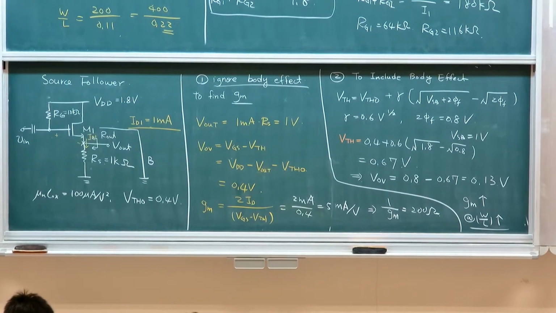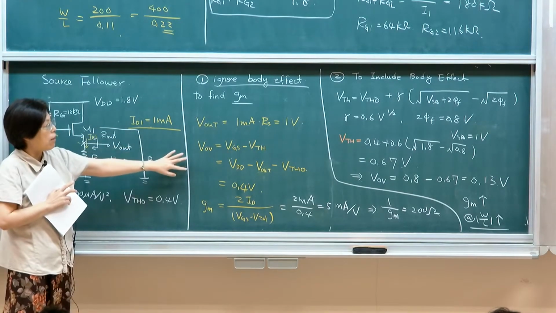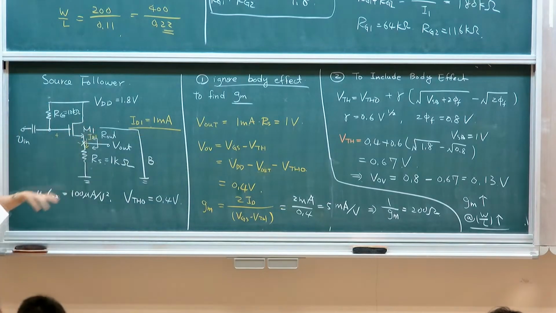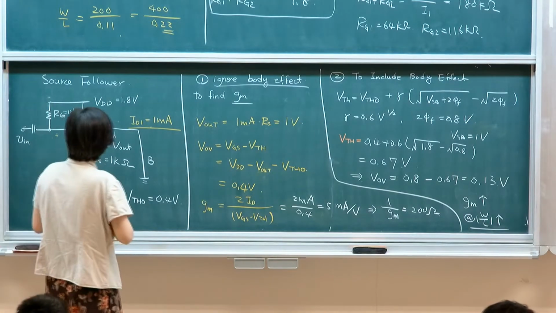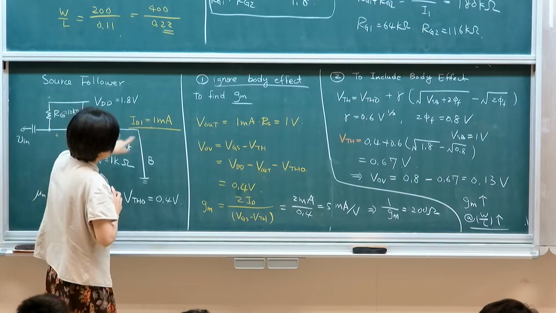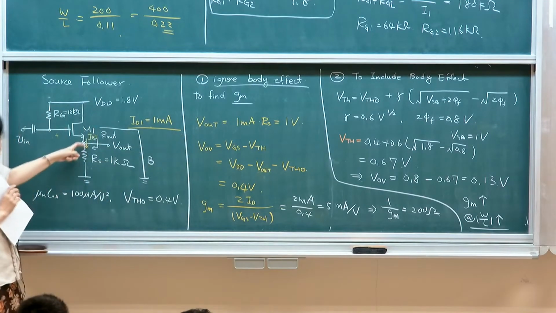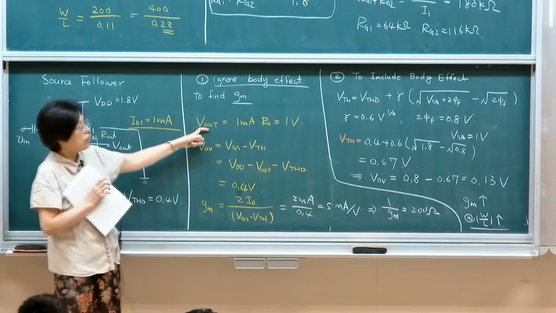Okay? Good. So you can do the exercise to find out, for these two designs to meet the same requirement, including or not including body effect, what is the requirement on W over L? VSB, because the source voltage is VL. VS equals VL, which is 1 volt.